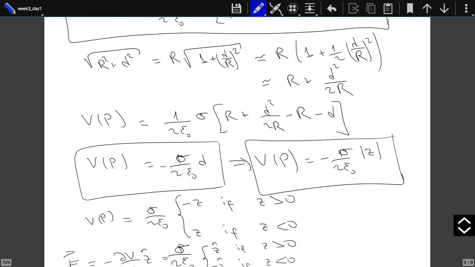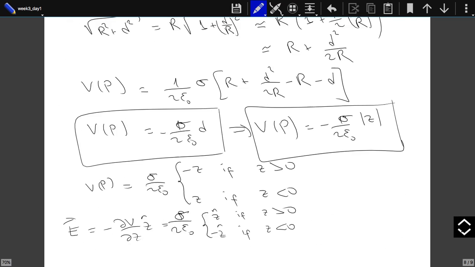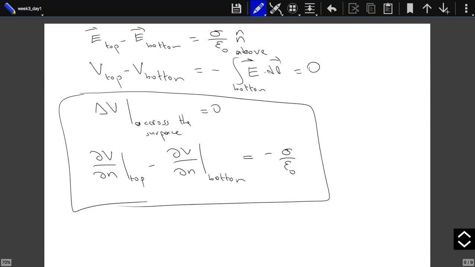Well, this was one problem where, as you said, we assumed the boundary condition was that on the plane, the potential is 0, and so we obtained the full solution for our potential. Now, this is a general problem. We don't necessarily have an infinite plane. We have an arbitrary surface. We don't know what value we take for the potential at that surface. The potential at every point on the surface can even be different. But whatever your problem is, the potential across every point on the surface should change continuously.